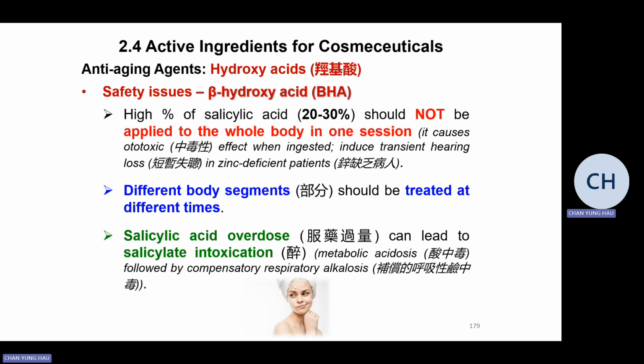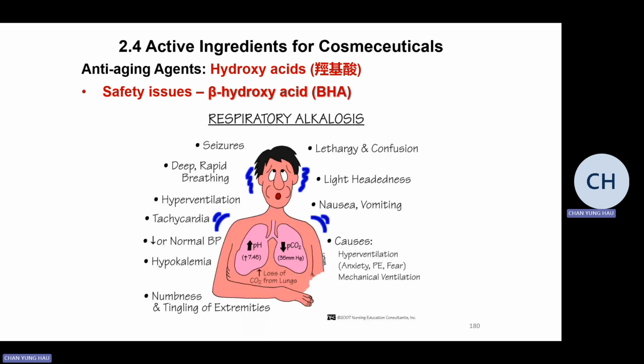Salicylic acid, as I've told you, can be used as an anti-acne agent because it has exfoliating properties. Salicylic acid overdose may cause salicylate intoxication, so be careful about that.